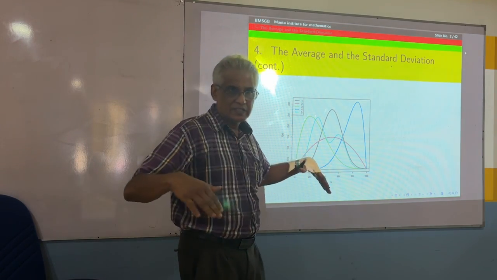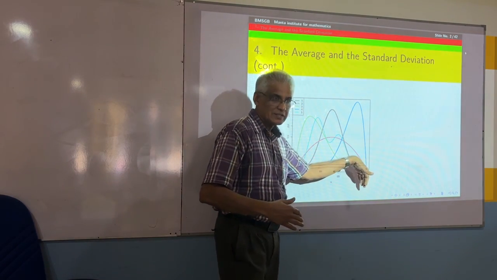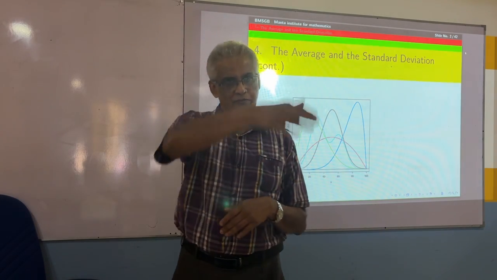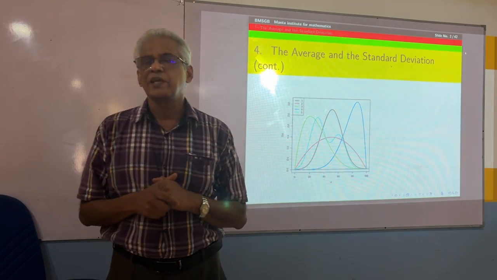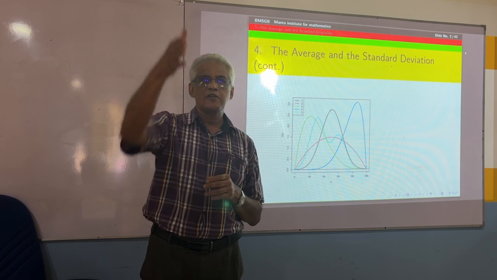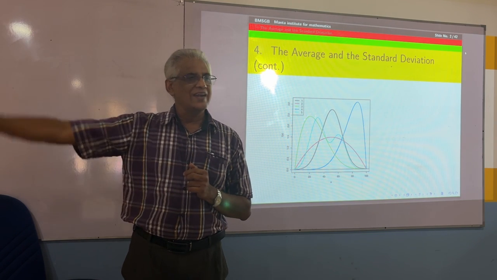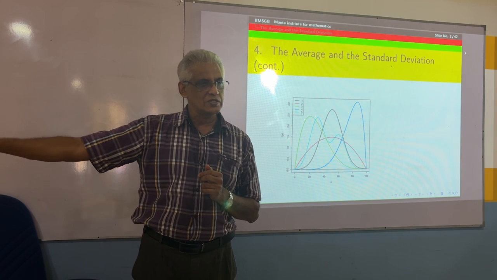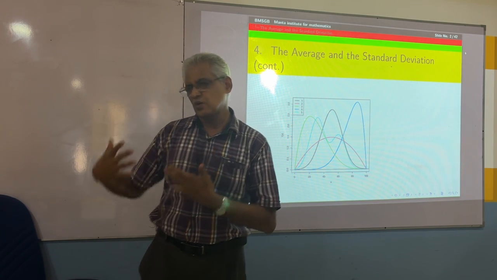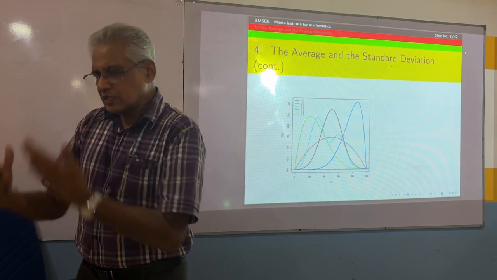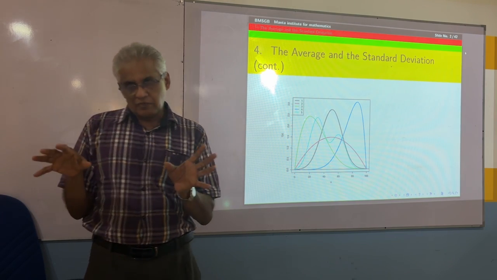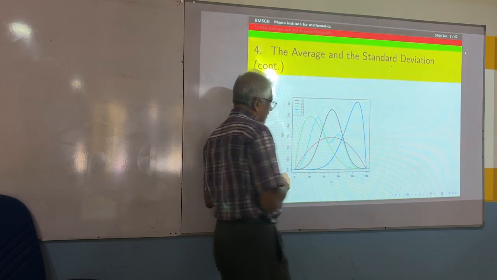Where is it located? If you think of this like a building, where is it located? When we describe some place, for example, we say, okay, we have to go to a certain building. It is located on this street, at this place. So that is the location. So location or the center is one thing that we can talk about to identify that. And another thing is the spread.